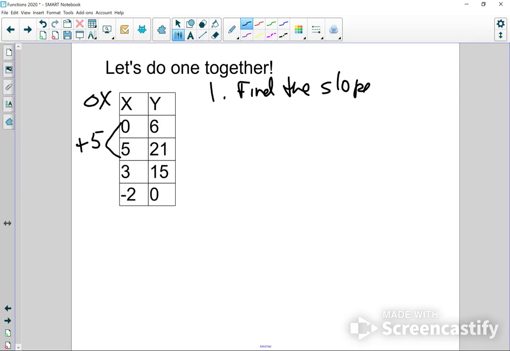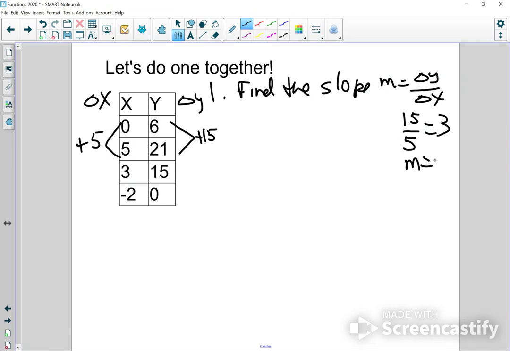How much did y change? To go from 6 to 21, I went up 15. So slope was change in y over change in x. I have 15 over 5, and that turns out to be 3. So my m is 3.